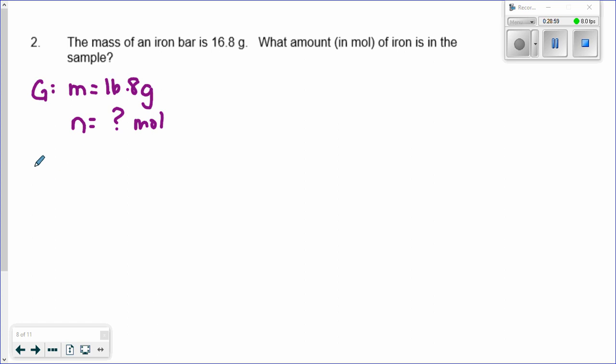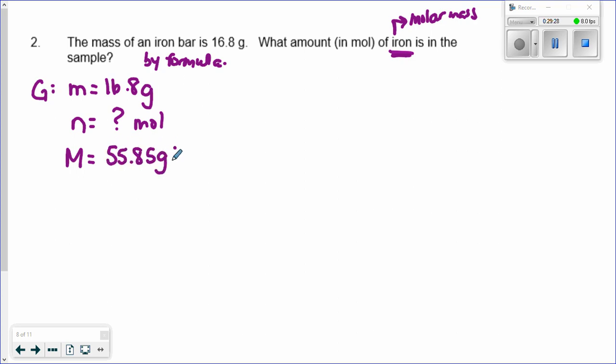I'm going to do this one by formula first, and then we'll do it as a conversion factor. I'm talking about iron here, and that's something you need to recognize. So our molar mass of iron, you need to look that up in your periodic table. It is 55.85 grams per mole.